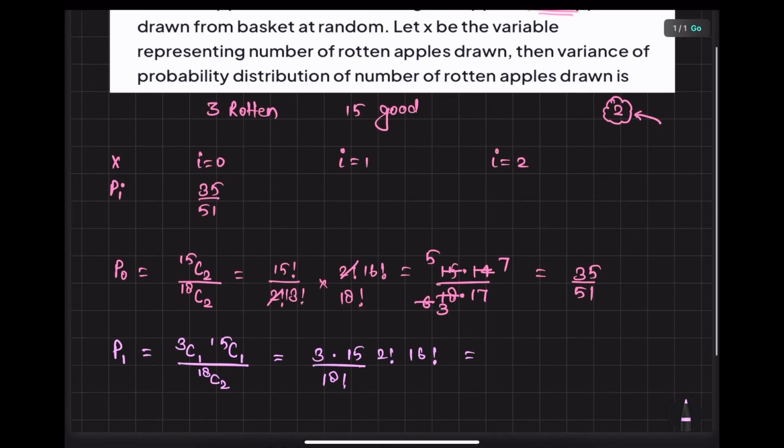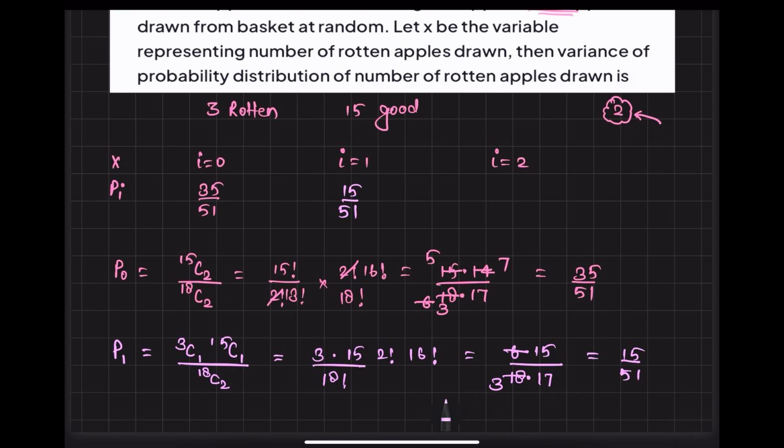So we will have 3 2s are 6, 6, 15, and 16 factorial will be cancelled by 18 factorial. So 18 and 17. So 6, 3, 10. Again it is 15 by 51.